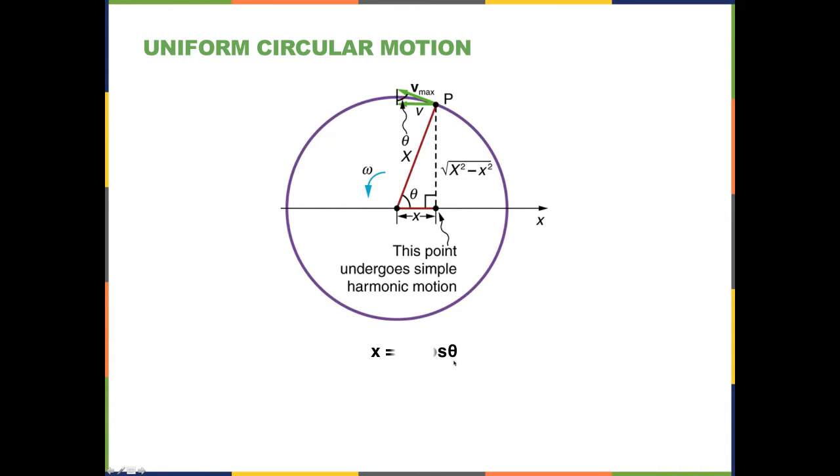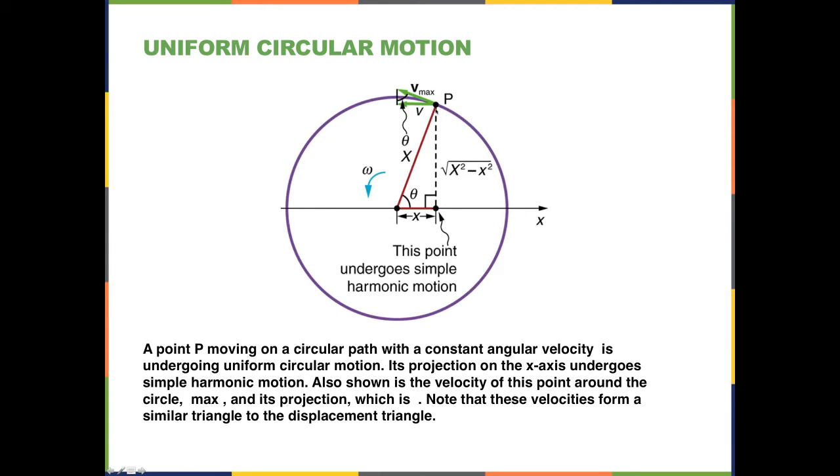Now this can be converted mathematically to look at the relationship between the movement through the circular motion, both the velocity as well as the effect of the radius of the circle and the radian motion, into this x displacement that's seen in the simple harmonic oscillator.